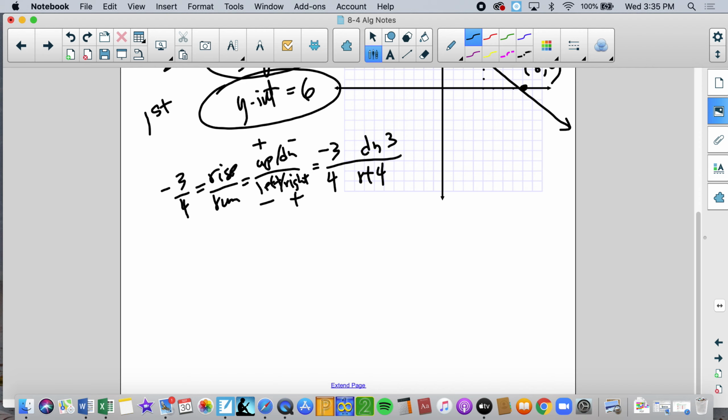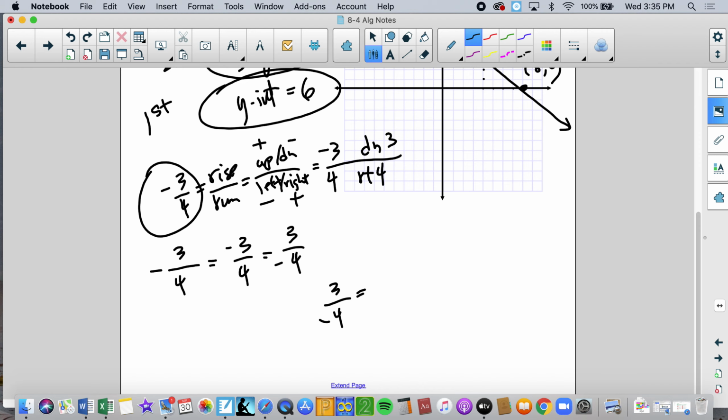Let's talk about that slope. That slope, negative 3/4. Remember that the negative can go in the numerator, or the negative can go in the denominator. It can't go in both. It has to either be in the top or the bottom. This is if it's in the top. If it was in the bottom, we would have done up 3, because +3 is up, and we would go left 4, because left is negative.